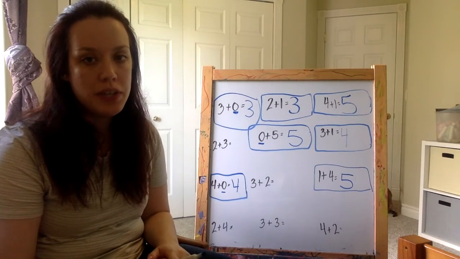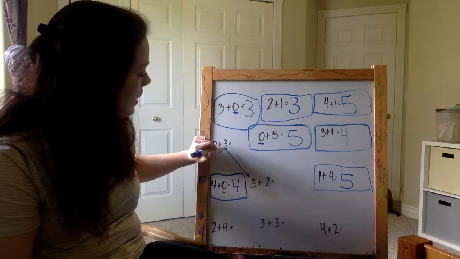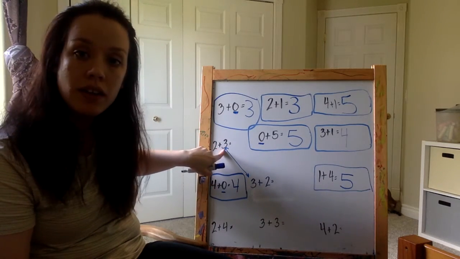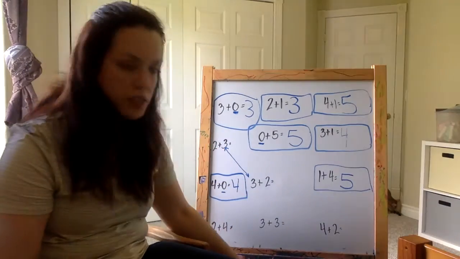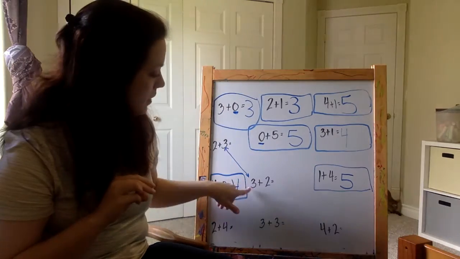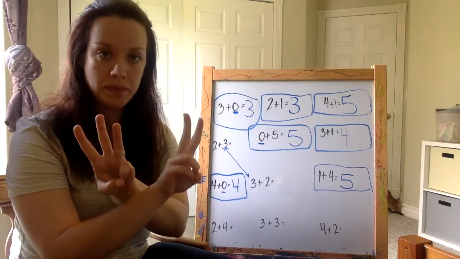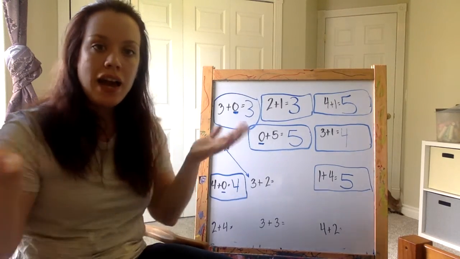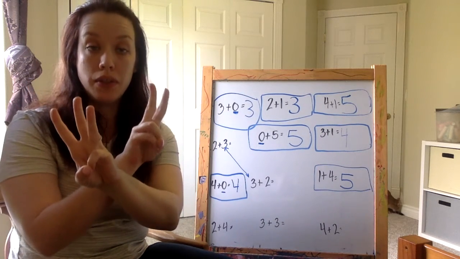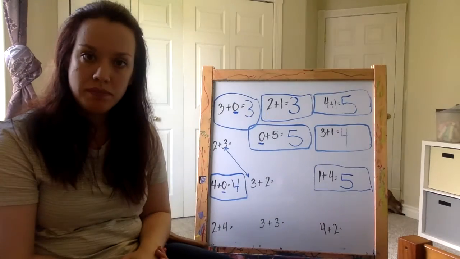Now the last strategy we talked about last week is when problems look very similar. Here's 2 and 3, and then down here, they're just switched. So I start with 2 and 3, but then I saw 3 and 2. Since I don't need to add or subtract any fingers to show 2 and 3, as well as 3 and 2, I know that those are going to have the same answer.